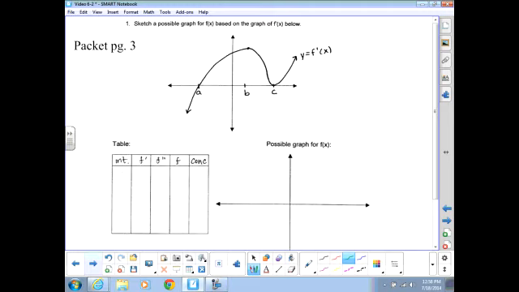Now, when you're given a graph, it's important to always note what graph you're working with. We are working with an f-prime graph. We want to end up with an f graph.